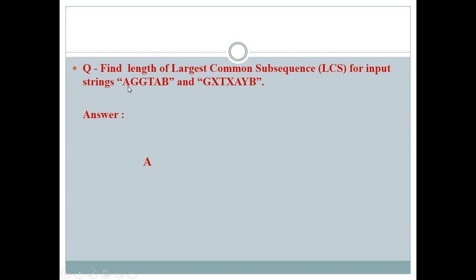After solving we will find that a is matching here, so our subsequence will be a. Another a is also matching here, so we will write only a. After a we will compare this b with this b, so our sequence will be ab.